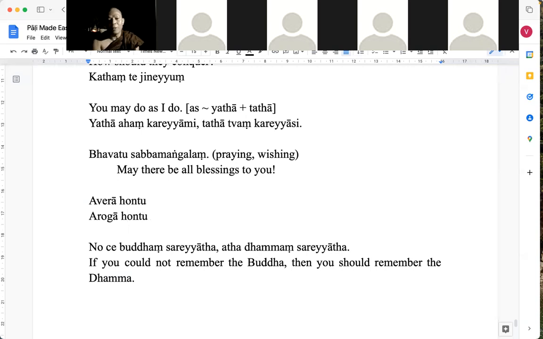May all be happy or healthy. So just praying, wishing. We see this for the imperative, but for the optative, maybe uncertainty or suggestion, or supposition.